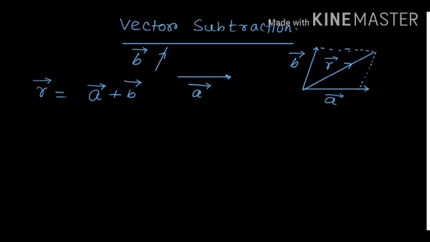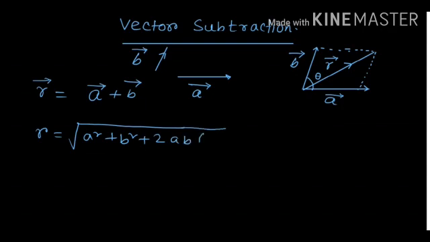Now if the angle between vector A and vector B is theta, then what is the magnitude of this resultant vector? The magnitude of the resultant vector is R equals root over A square plus B square plus 2 AB cos theta. And what is the direction of this resultant vector?